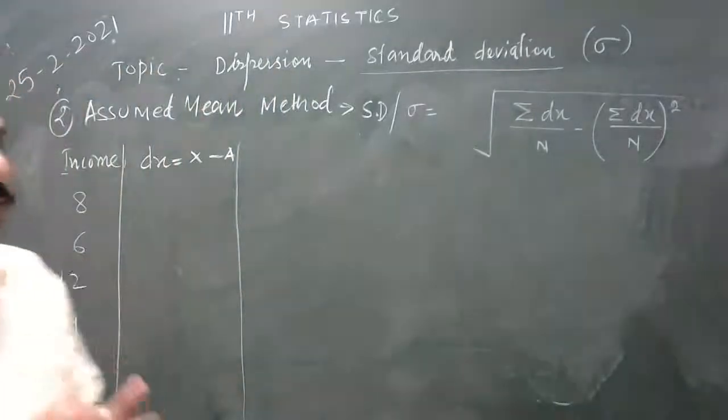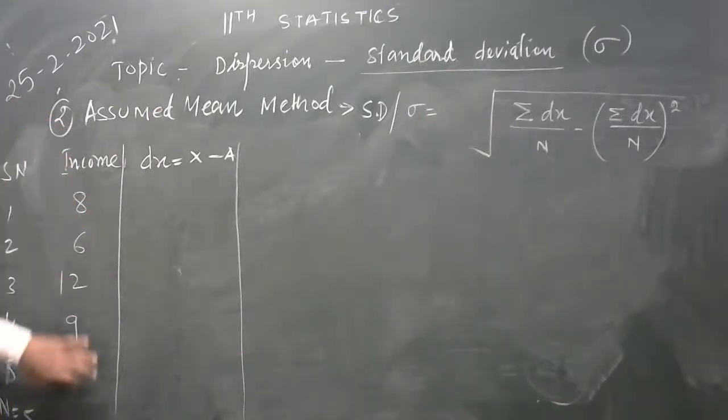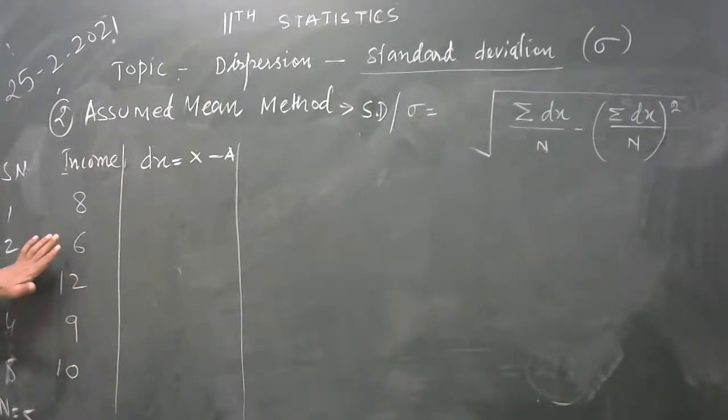This is the serial number first of all, 1, 2, 3, 4, 5. So n is 5. Now you have to assume any value as a mean. Which one: 8, 6, 12, 9 or 10? 12, reason?